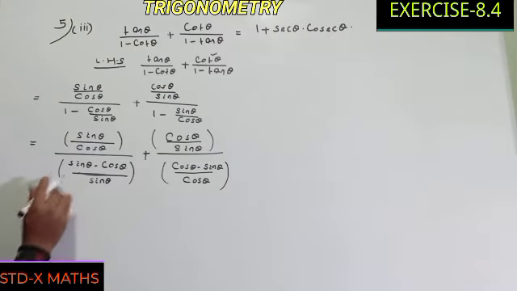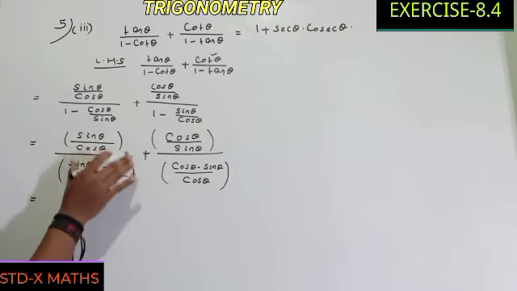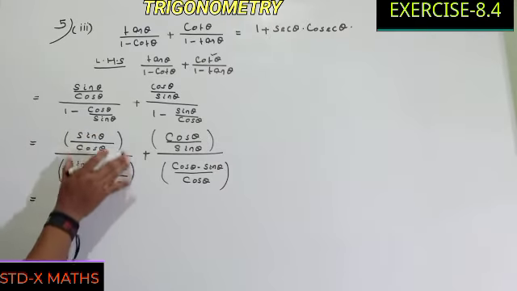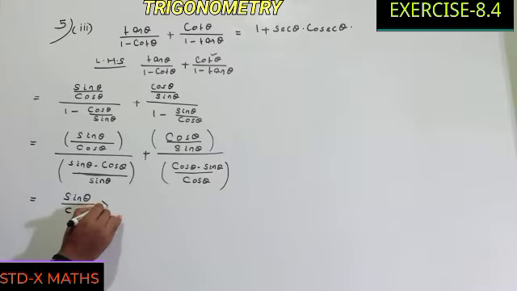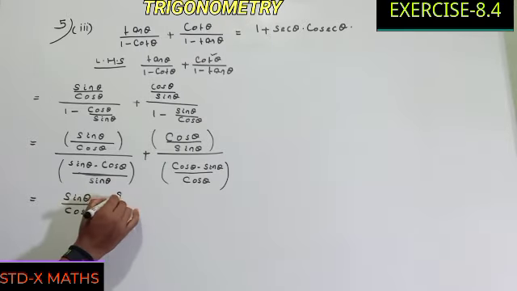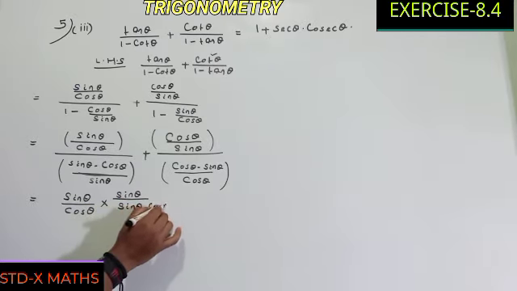Dividing one rational number by another rational number is the same as multiplying the first rational number by the reciprocal of the below one. So I write sin theta divided by cos theta, multiplied by its reciprocal, that is sin theta divided by sin theta minus cos theta.